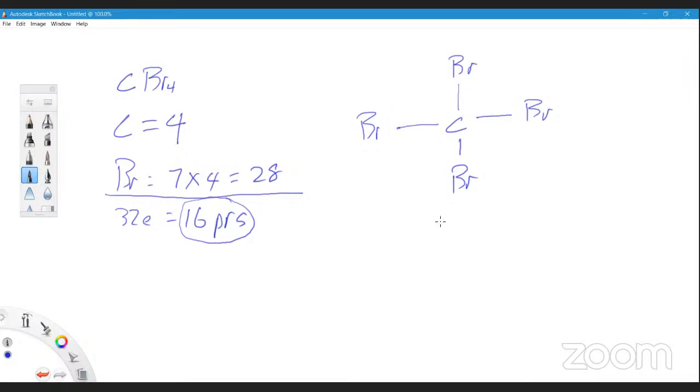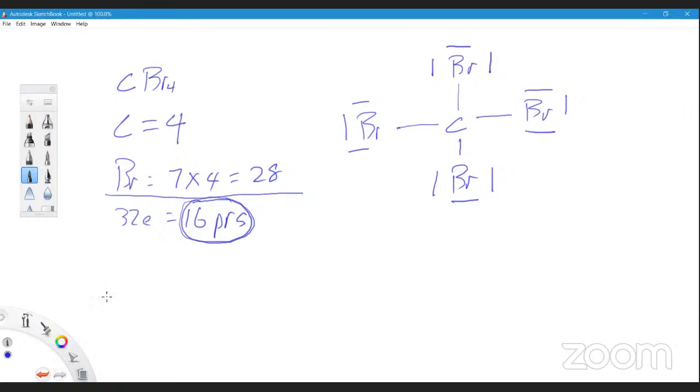So we have used how many pairs? We have used 1, 2, 3, 4, but remember, we have a total of 16. So we have 12 more pairs to assign. So where will those pairs go? Around the bromine. Exactly. So 5, 6, 7, 8, 9, 10, 11, 12, 13, 14, 15, 16.